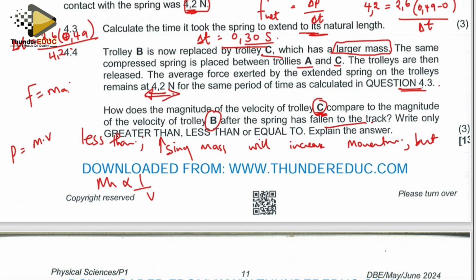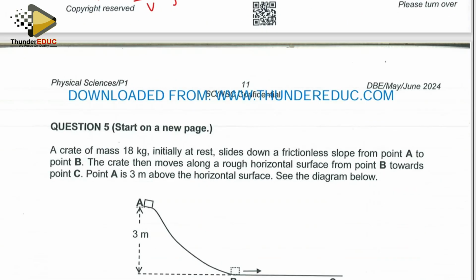So if we make m the subject, it's going to be momentum over v. So mass is inversely proportional to velocity. So increasing the mass will lead to an increase in this, but since mass is inversely proportional to that, increasing mass leads to a decrease in the velocity of the body. Alright, so that is 4.4.